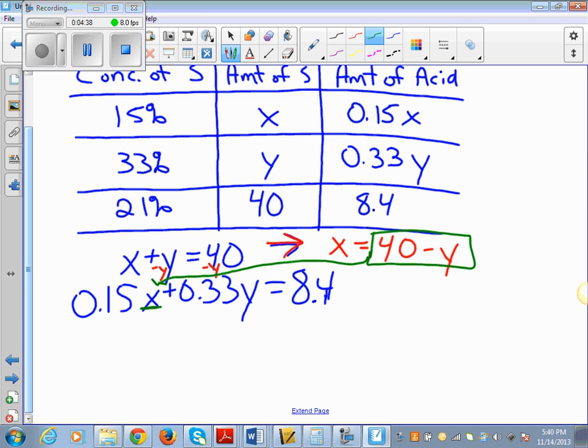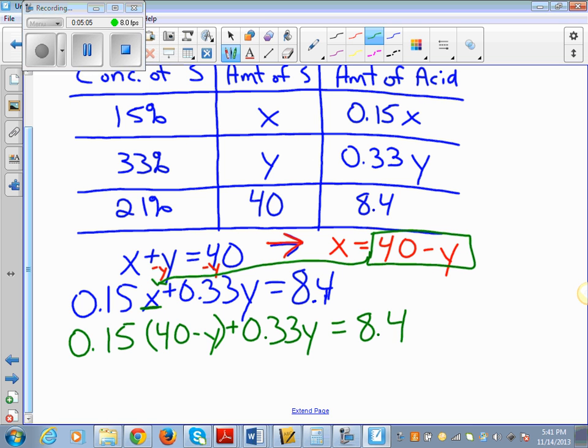So we're going to rewrite our second equation as 0.15. Instead of times X, we're substituting 40 minus Y. And we need to put that in parentheses so that we make sure to multiply all of it by the 0.15. So we write out the rest of our equation. 0.33y equals 8.4. Now let's start solving for y because we have an equation where we only have one variable, so we can finally get an answer.